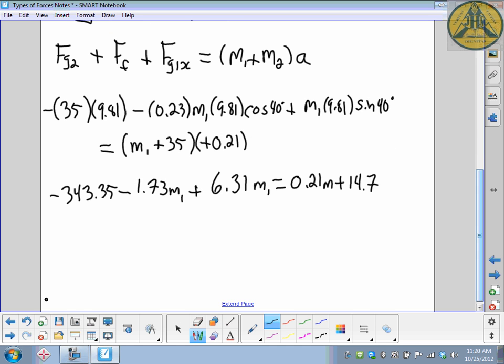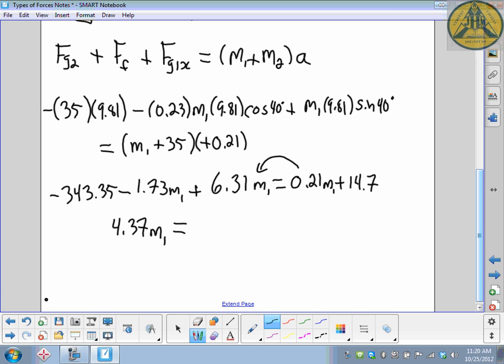So I'm going to put all of my M1s on the left and all of my numbers on the right. It doesn't really matter. So on the left, I've got a negative 1.73 added to 6.31. Then I have to subtract the 0.21 from the right because that's going to go to the other side and become negative. So on the left, I have positive 4.37 M1.